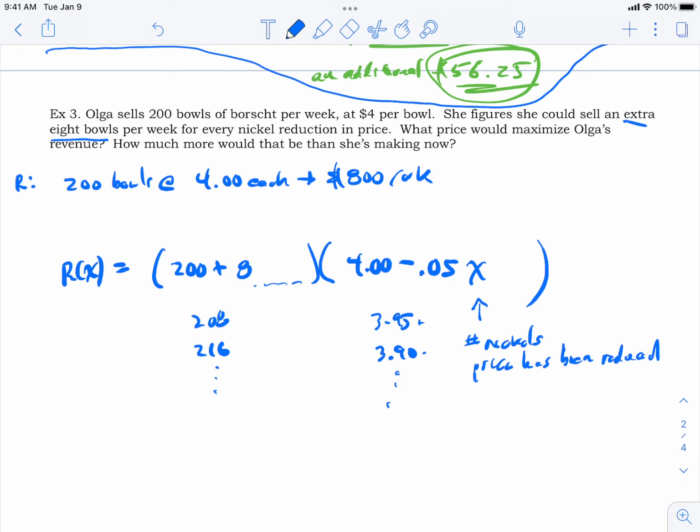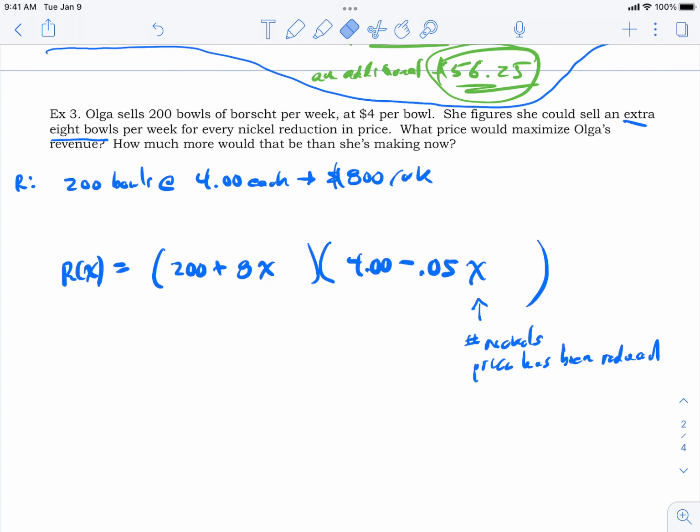If you reduce the price by 2 nickels, then obviously it's going to be $3.90, and so on. So x can just be the number of nickels that we reduce the price. Now, if we reduce the price by 1 nickel, the bowls sold goes up by 8. And if we reduce the price by 2 nickels, it goes up by 8 times 2. And if we reduce the price by 3 nickels, it goes up by 8 times 3. In other words, I can put the x over here. And it all works just right.